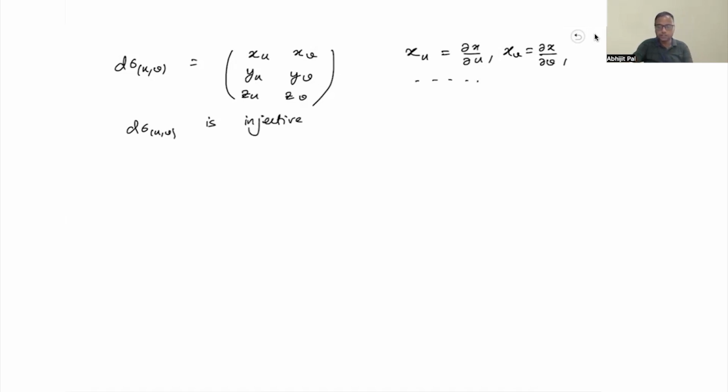So the rank of the matrix of Dσ at (u, v) is 2.